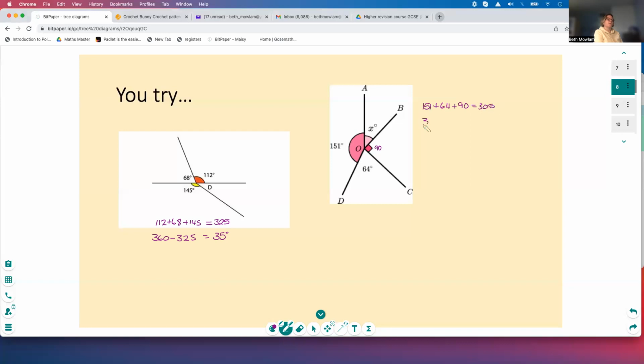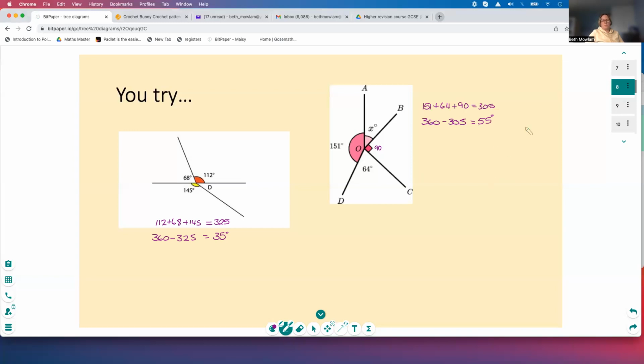To find out what's left, we do 360 minus 305, which is 55. So if you're on a non-calculator paper and you know you struggle with taking away, work it backwards. So for this one, you start on 305 and work out how much we need to add on to get to 360. So either way, you get the right answer.